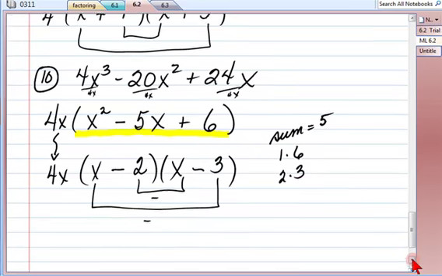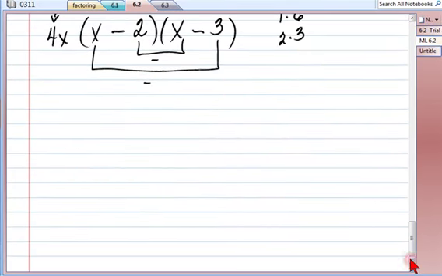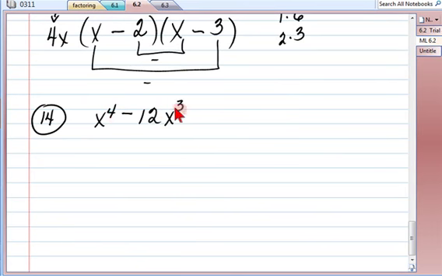skip a few problems. Let's go to 14. I have x to the 4th minus 12x to the 3rd minus 28x squared. And I'm supposed to factor that.